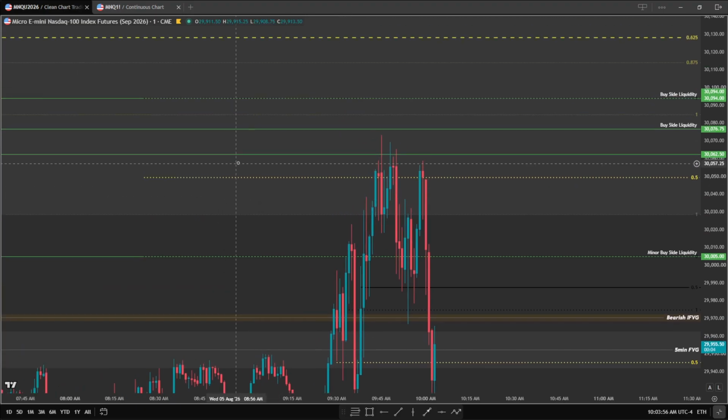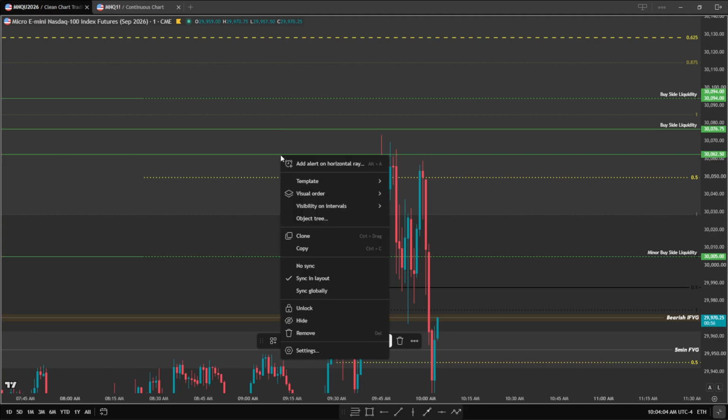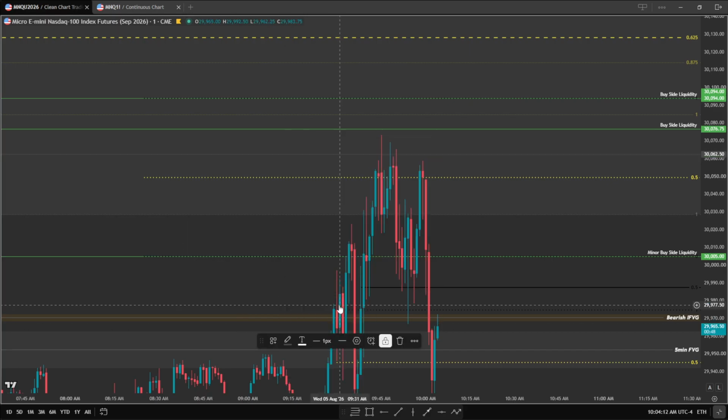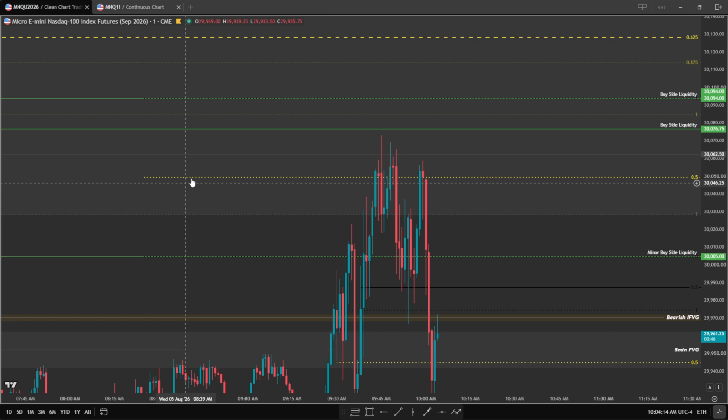But initially, this buy side liquidity was not annotated on my chart. So if this is gone, I'll just make it a different color. I don't want to get rid of it. Let's make it gray. Okay, so pretend it wasn't there. You can still kind of see it, but this is basically what the chart looked like. Pretend this is invisible. It's closing above the mean threshold.